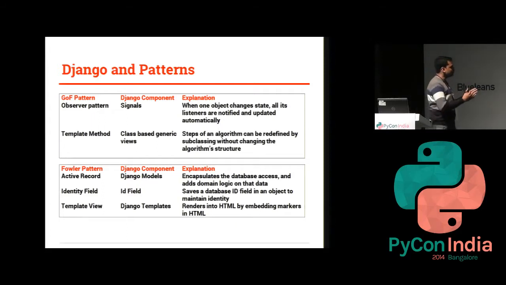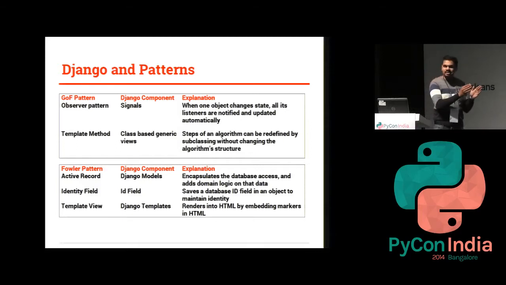But I found that Martin Fowler's patterns, which are more towards the architecture side of things rather than the design side of things, are much more widely used. The active record pattern, which is documented as the Django implementation for models, encapsulates database access as well as business logic inside the models.